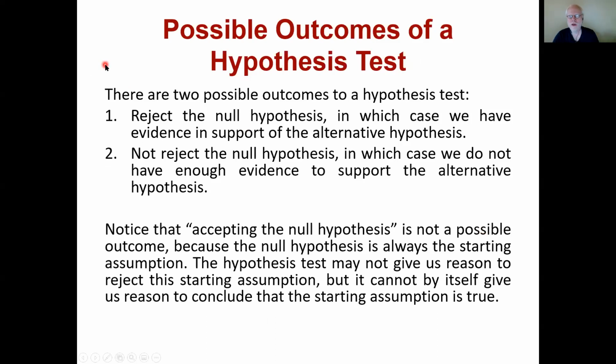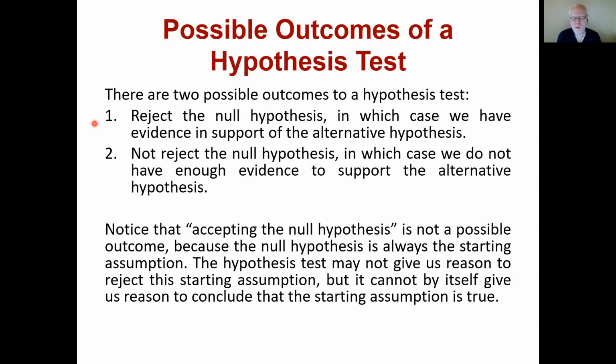So once we've done our hypothesis test, what are the possible outcomes? Well, there are two possible outcomes to a hypothesis test. First, we can reject the null hypothesis, in which case we have evidence in support of the alternative hypothesis.